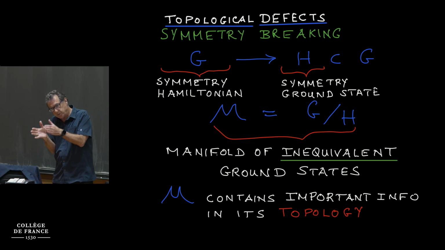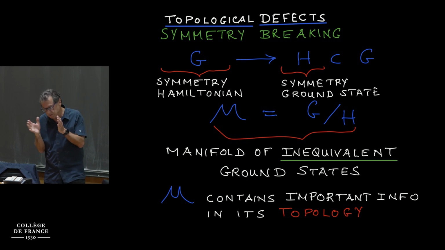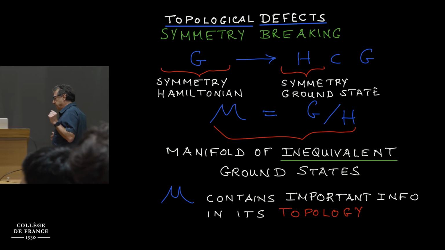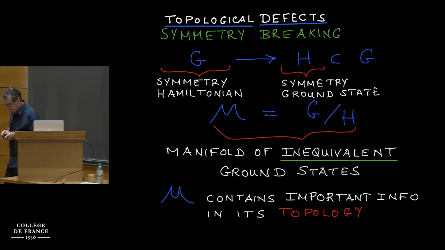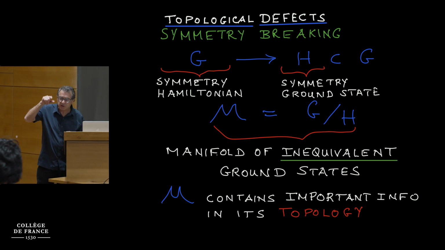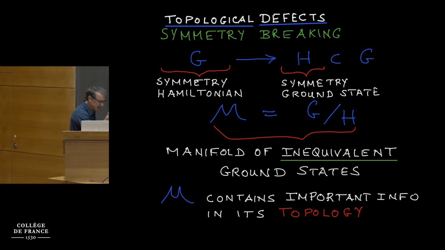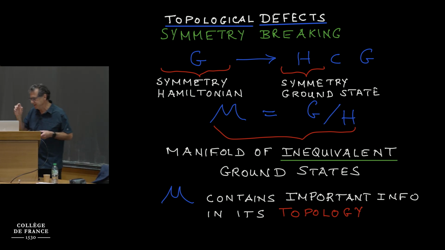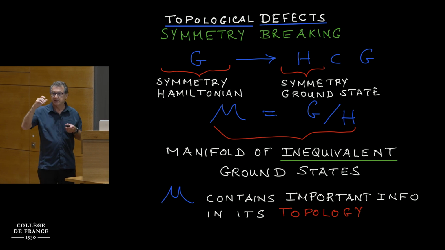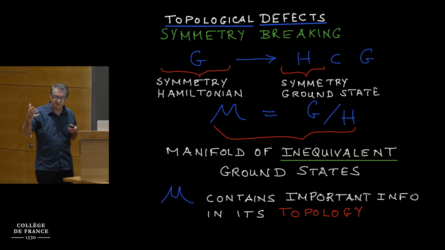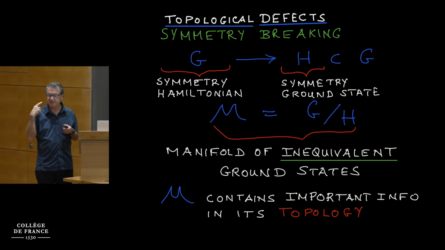And then it's broken, the ground state has a different symmetry: the big symmetry I call G, and the ground state has a smaller symmetry I call H. And the manifold of inequivalent ground states is the coset space G mod H, because within H, you are moving around in equivalent ground states. But outside that, elements of G that are not moving around in H are different ground states.